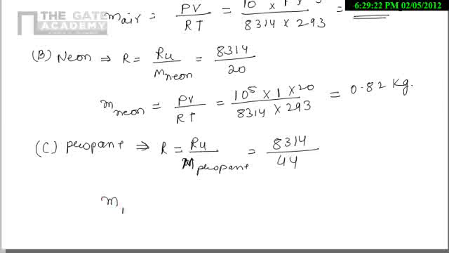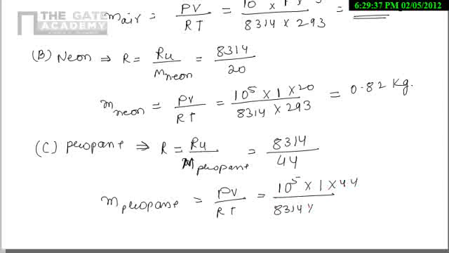So the mass of the propane we can find out by PV by RT, same equation, 10 to the power 5, volume is 1 meter cube, R for propane 8314 by 44, and T is 293. If we calculate it, we will get 1.806 kg. So in this way we can find out the mass of the different gases easily.